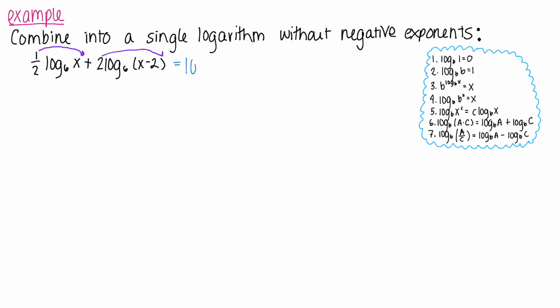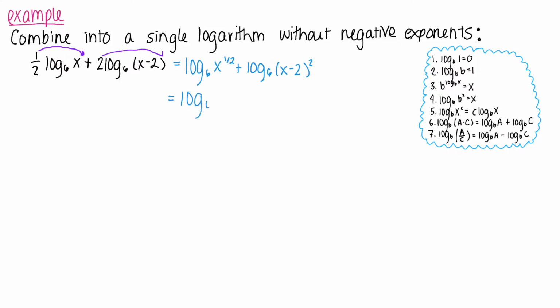So we'd have log base 6 of x to the 1/2, and then plus log base 6 of (x minus 2) raised to the 2. Now that there's nothing in front of the logarithms, we can combine them together, so they are addition on the outside, which turns to multiplication on the inside.